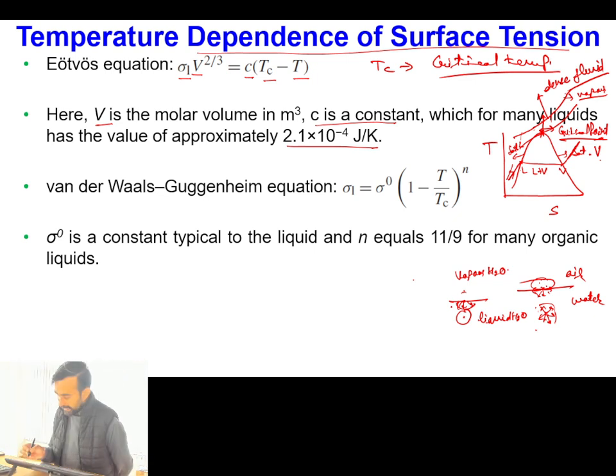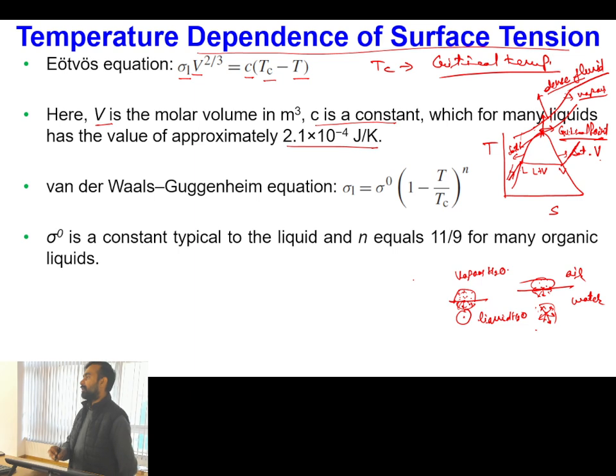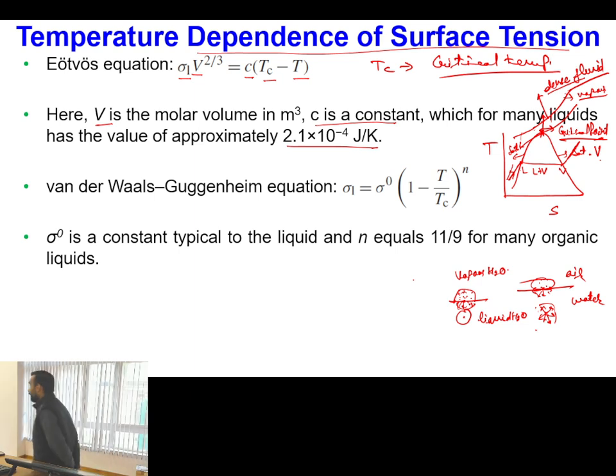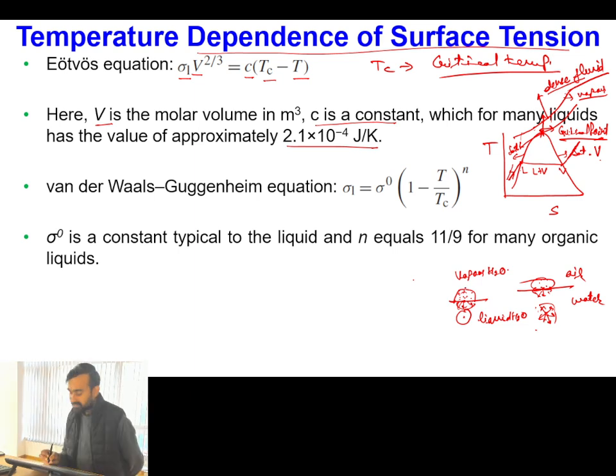But if I say that I have reached a situation where the packing density of the molecules of vapor has also become identical to that of the molecules present in the liquid, in that scenario, for the same nature of molecules, the surface tension force at the interface will actually vanish.